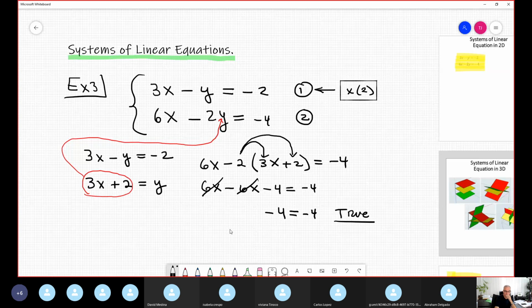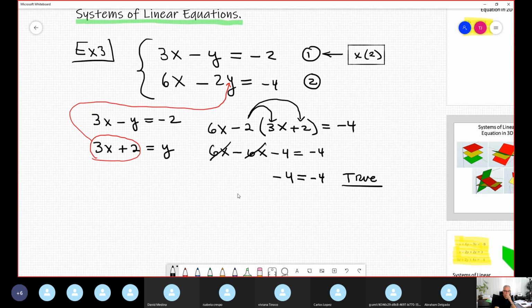Another way to see that. Suppose I take one more time what I did here, the equation 1, I solve for y. Let's do exactly the same in the equation 2. 6x minus 2y equal negative 4.